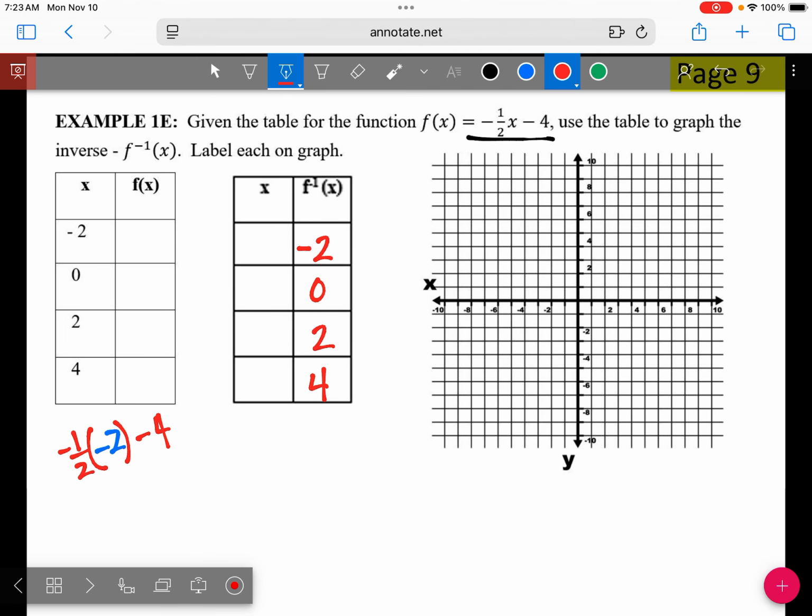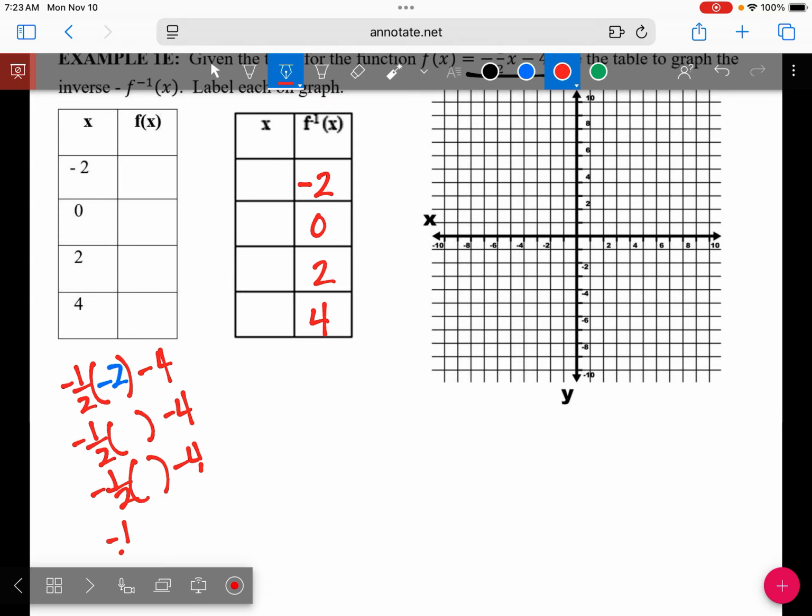Substitute it in. So go ahead and get your 4 y values. And remember, whatever 4 numbers you get for y, those are going to be your 4 x values in the inverse.